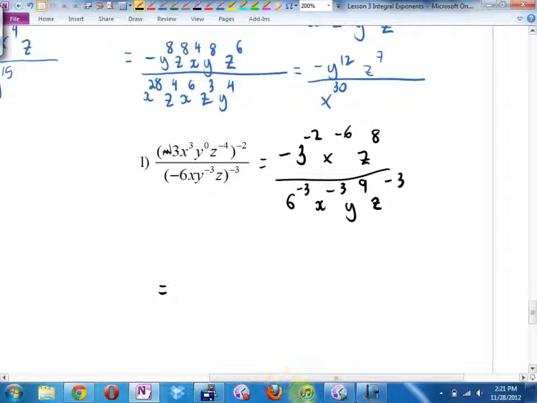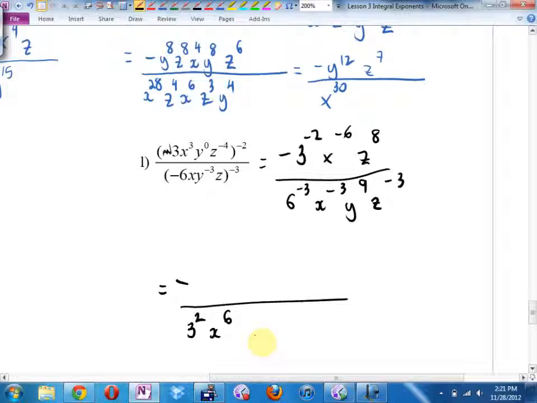All right, smarty peoples. Elevator. Leave the negative on the top. 3 to the negative 2. Stay or move? Becomes a 3 squared. X to the negative 6. Stay or move? Z to the 8th.